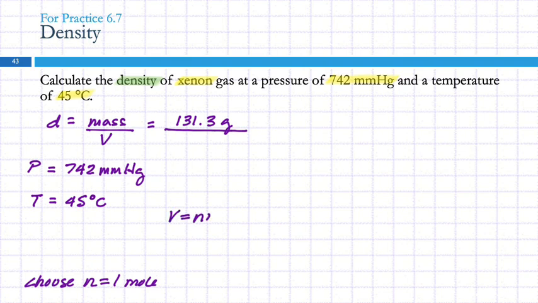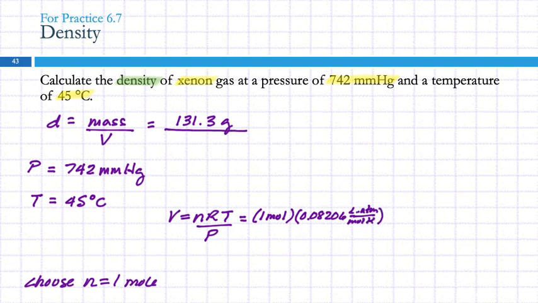Volume equals nRT over P. So we chose 1 mole, and we need R, right? 0.08206 liter atmospheres per mole Kelvin.